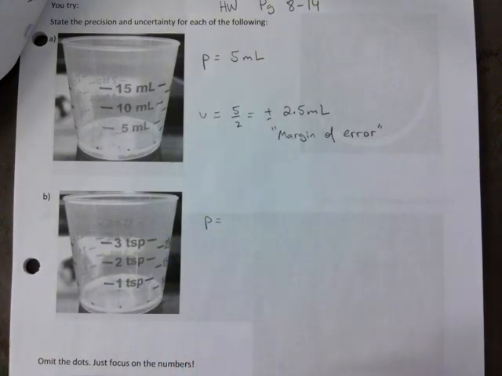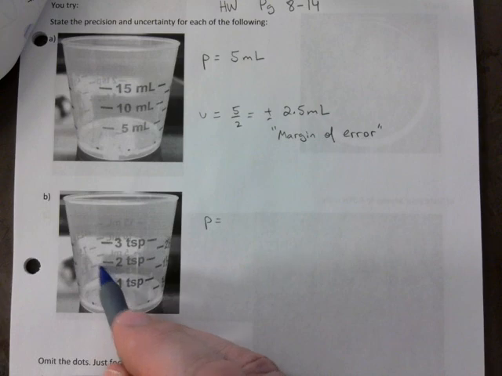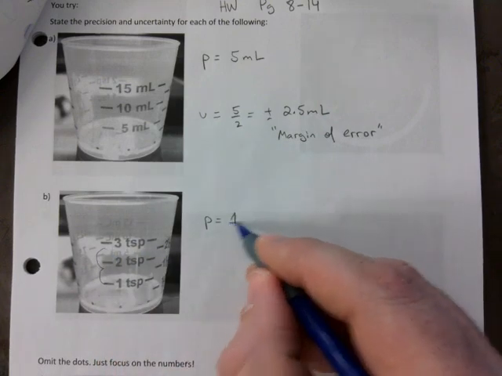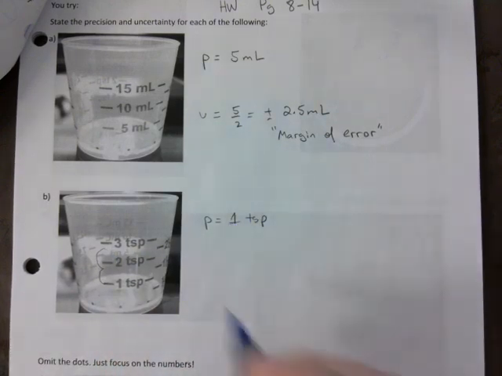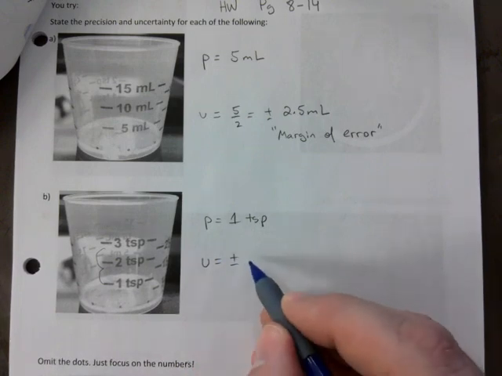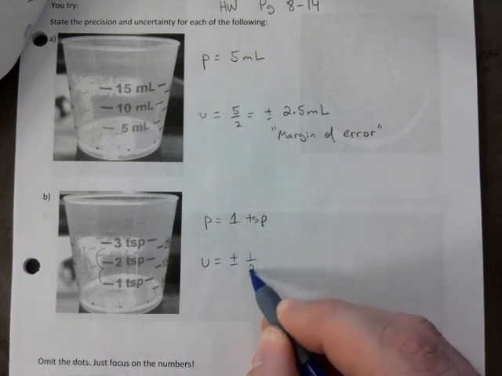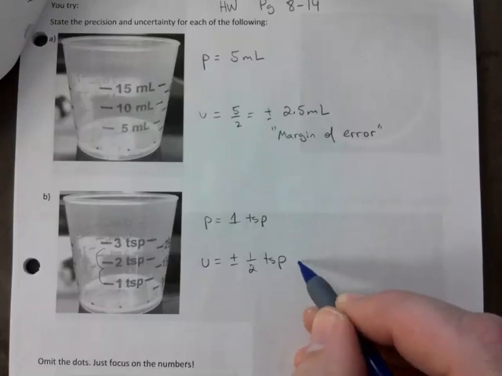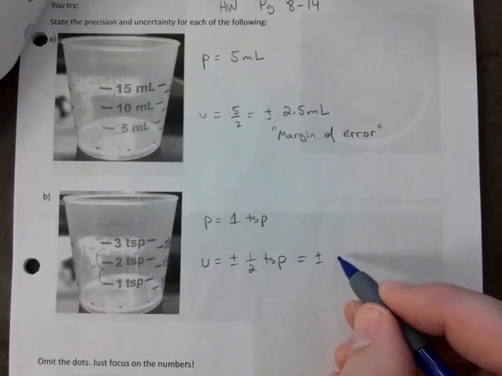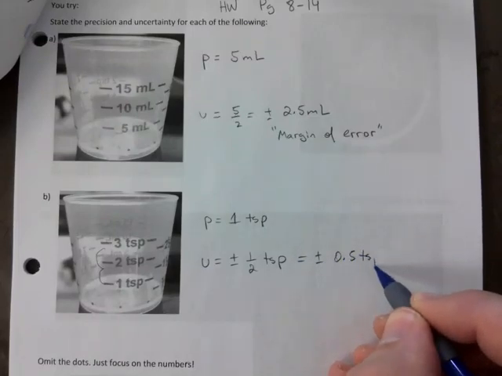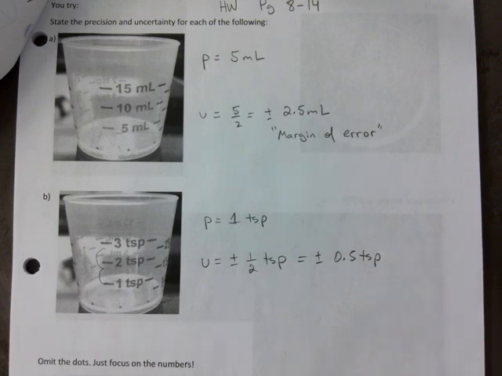Actually, very easy. How much? You're going up 1 teaspoon at a time. So my uncertainty is plus or minus half a teaspoon. You can write plus or minus 0.5 of a teaspoon. That's fine. It's okay to go decimal if you don't like to state it in fractions.